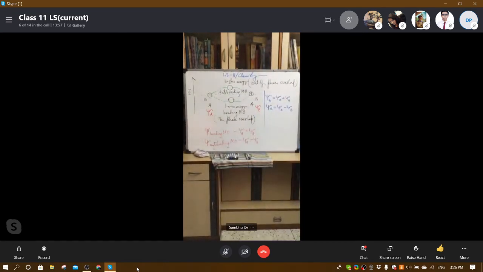The difference. So we described the wave function of the two MOs formed. Lower energy MO and higher energy MO wave functions are also obtained in terms of the wave function of the atomic orbitals.